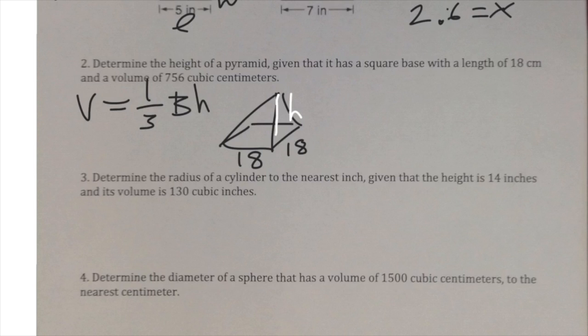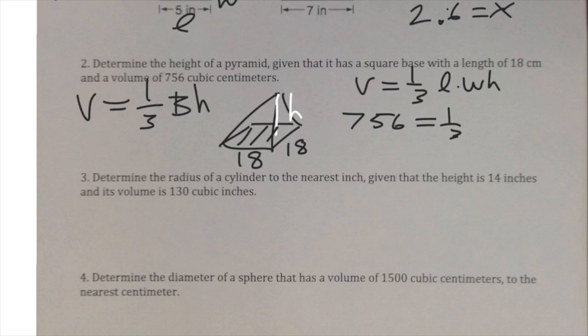So since we're talking about a pyramid that has a square base, big B would again just be length times width. But because it's a pyramid, it would be 1/3 length times width times height. Plugging in what we know, 756 for the volume, 1/3, length times width would be 18 times 18, and the height is what we're solving for.